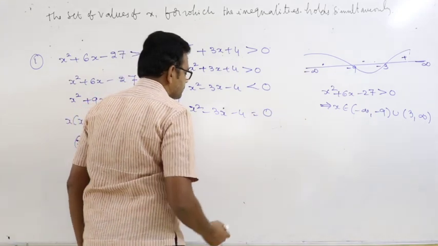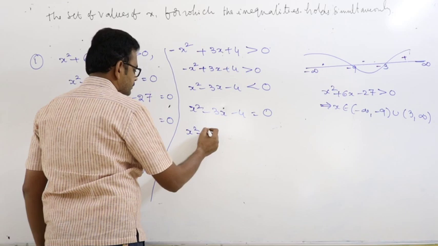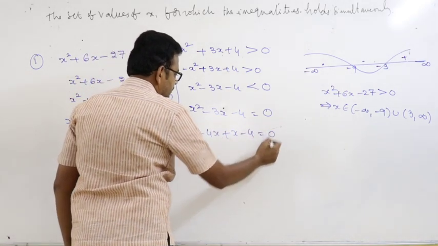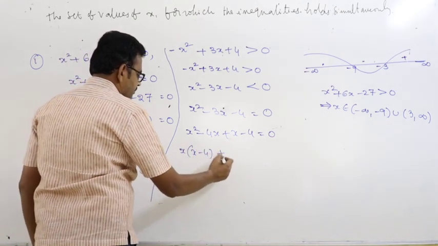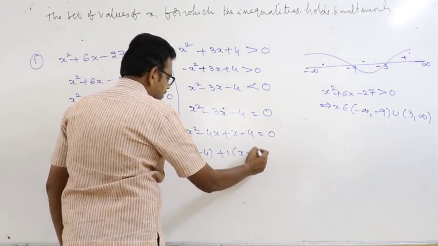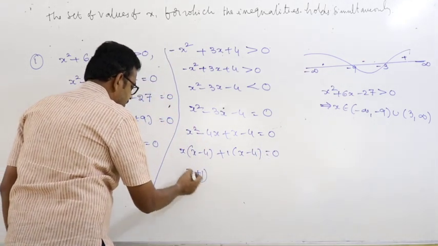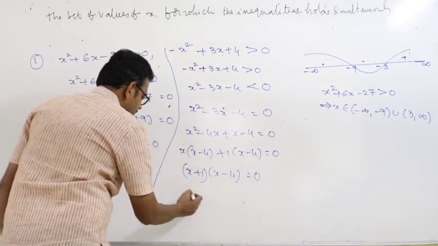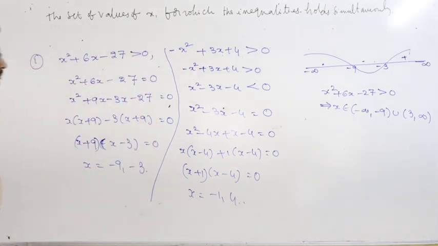First find the roots. x square minus 4x plus x minus 4 equal to 0. x common, x minus 4, plus 1 common, x minus 4 equal to 0. x plus 1 into x minus 4 is equal to 0. x equal to minus 1, 4.